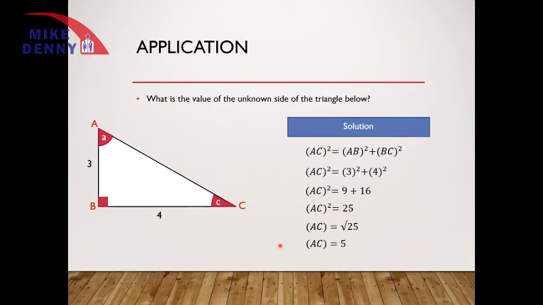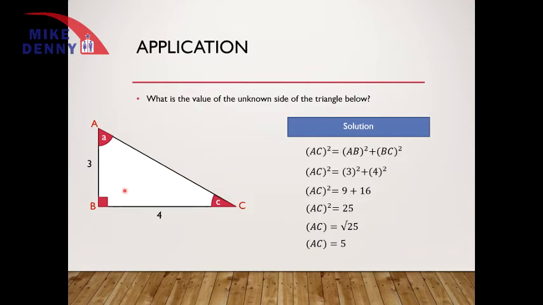We apply it. So you are given a right-angled triangle and two of the sides are given. You could be tested on Pythagoras' theorem by being asked to find the unknown side. So application: what is the value of the unknown side of the triangle below?